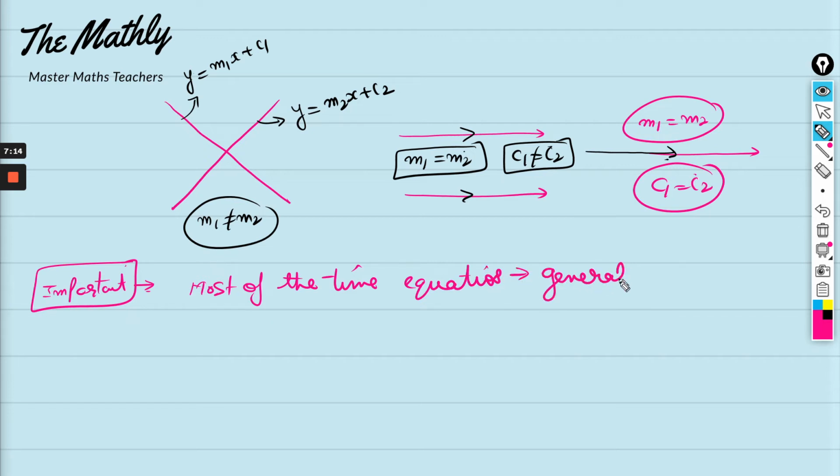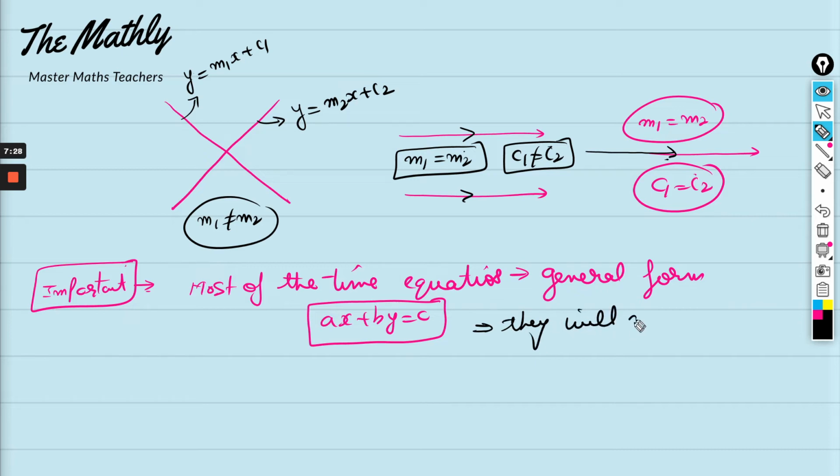Now, let's discuss the general form. The general form is ax plus by equals c. By giving a general form, they'll ask you to find, say, the slope.